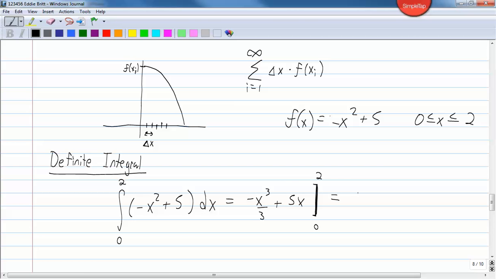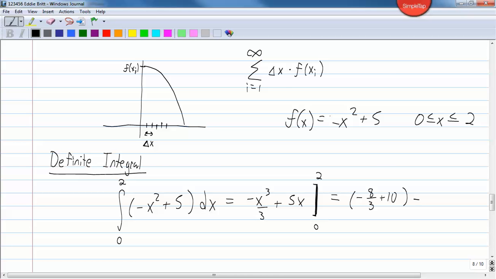Now the way this is evaluated, you need to work two problems. You need to plug in the 2 in here. So if I plug the 2 in, that's going to be negative 8/3 plus 10. That's plugging in the 2 there and plugging in the 2 there.